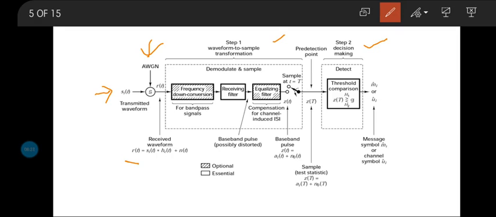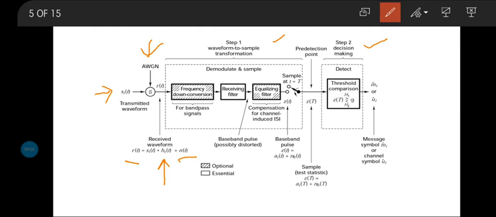This r of t is the received signal degraded by noise n of t and possibly degraded by the impulse response of the channel, which is hc of t, which we describe here as r of t equals si of t convolved with hc of t plus n of t. n of t is here assumed to be zero mean, meaning we are considering a zero mean AWGN process, and the star symbol refers to the convolution operation.